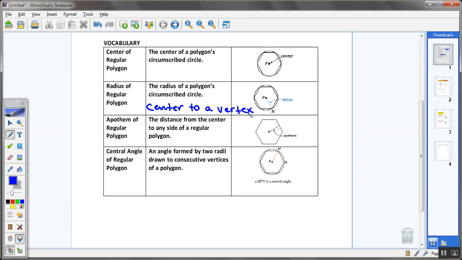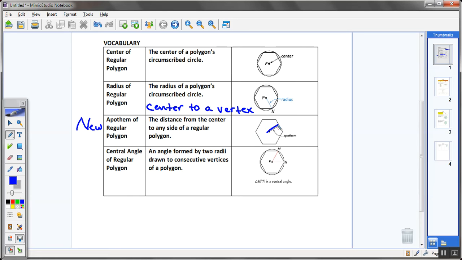I think something that's going to be very new for you today is called, how do you say that first word in term 3? Apothem of a regular polygon. Talk to me about it, kids. Distance from the center to any side of a regular polygon. Okay, now when we do this, it's this distance right here.